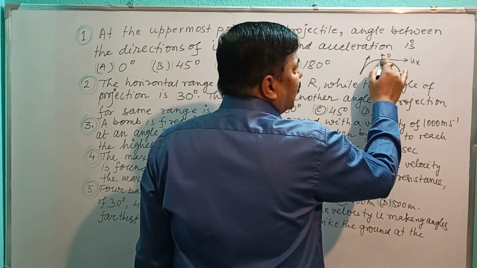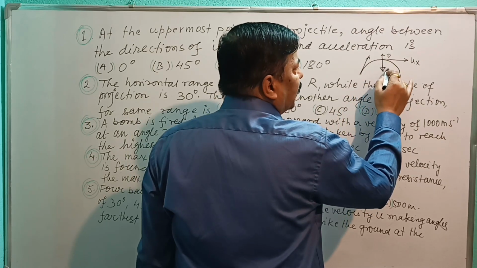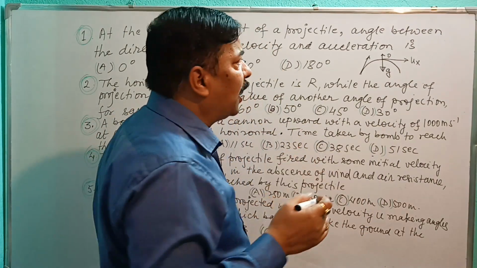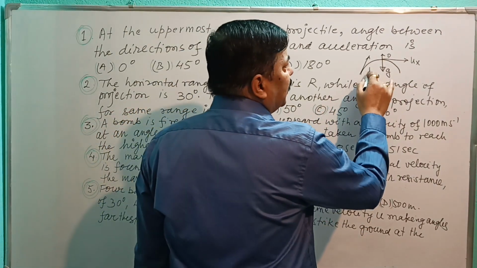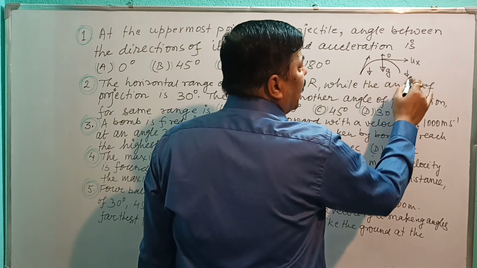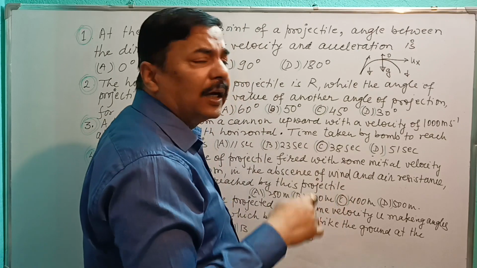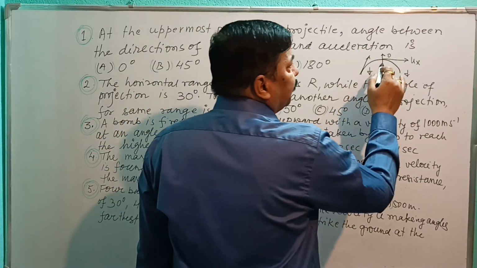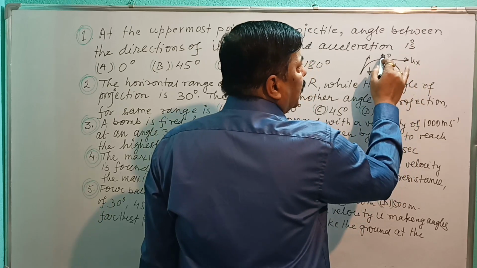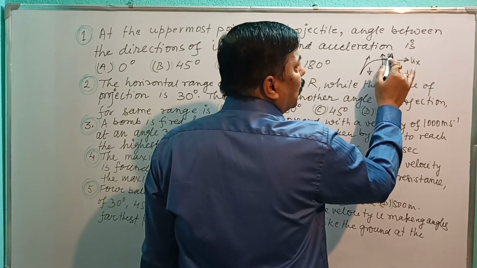So acceleration is in the vertically downward direction, that is g. You already know that g acts everywhere in the downward direction. So g has only one direction, vertically downward, and the horizontal velocity has this direction. The other component of velocity is 0.